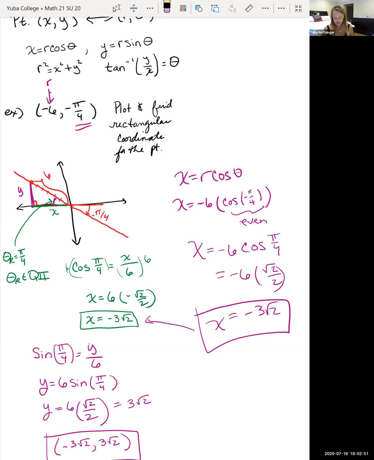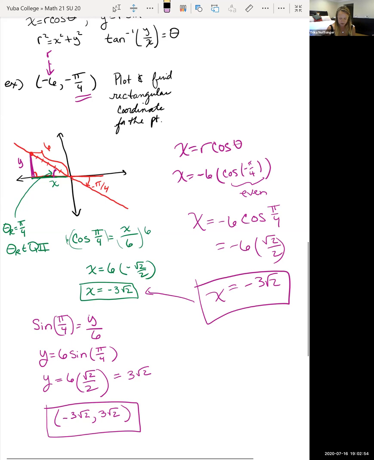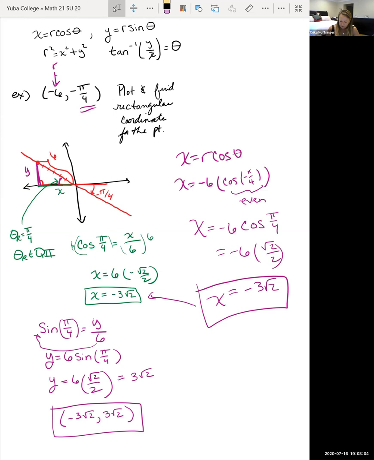Same thing, y is r sine of our angle. We multiply both sides by r. If you had done that, so y equals 6, right? No, it was -6. Sine of negative pi fourth. Remember, sine is odd. So it's the same thing as the negative of that. So negative of negative sine of pi fourth.